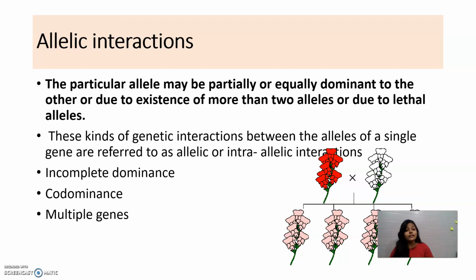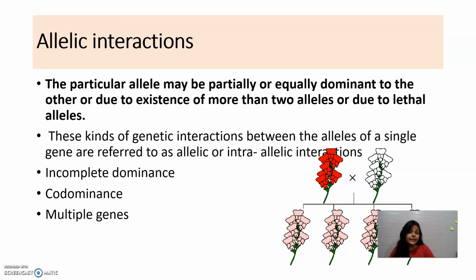Allelic interactions. These interactions appear as a result of the presence of different alleles which are present at the same loci in the homologous chromosomes. Our examples of allelic interactions will be incomplete dominance and codominance, which were the exceptions to the law of dominance, and of course multiple alleles.